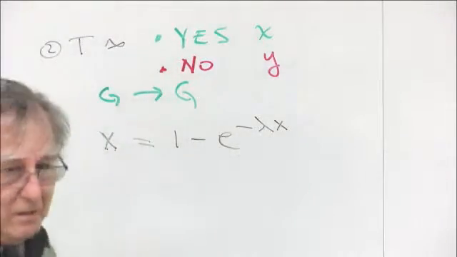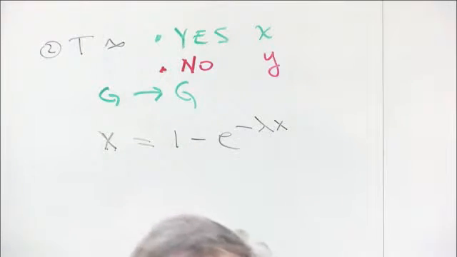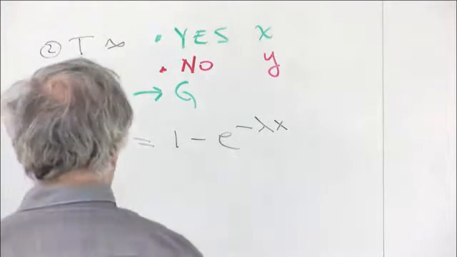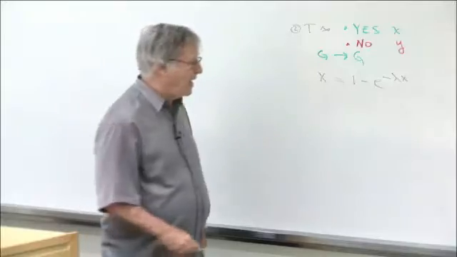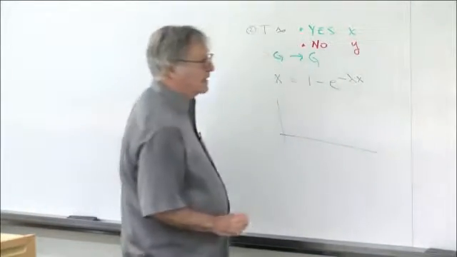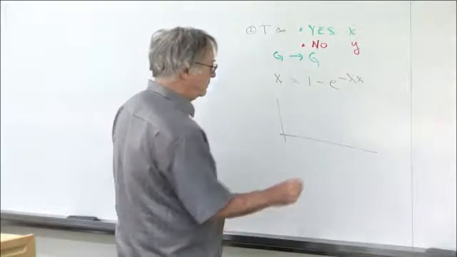And if you've studied Galton-Watson trees, this will be familiar to you. This is the equation for survival. And when you graph it, two things happen that are different.